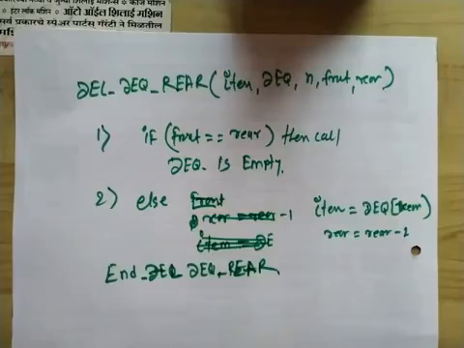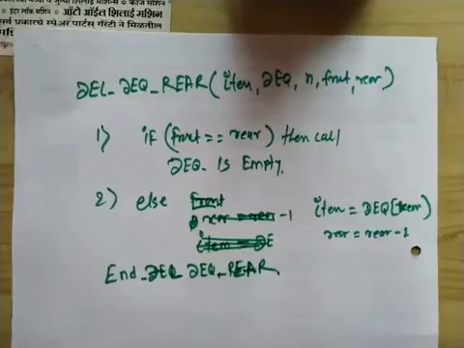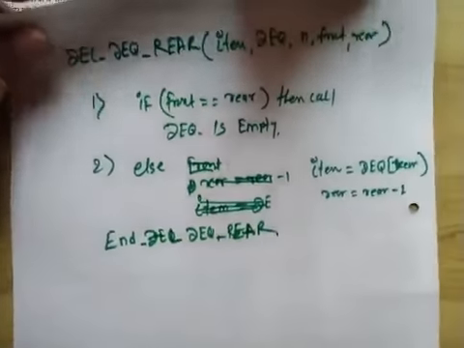If they are not pointing to the same position, we can delete through the rear end, so we simply decrement our rear by 1 position. Very simple logic. Likewise, we are going to do the same in delete through front end.